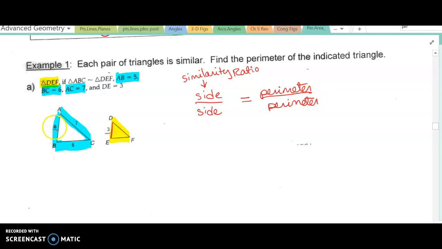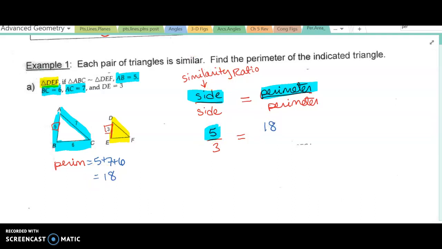Here we're comparing side 5 to the side on the other shape of 3, and then the perimeter of the blue triangle. We've got to be consistent: if you do blue on the left in the numerator, you have to do blue in the numerator on the ratio on the right. So the perimeter would be 5 plus 7 plus 6, so that's 12 plus 6, or 18.